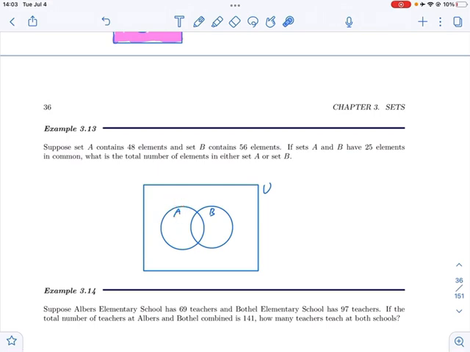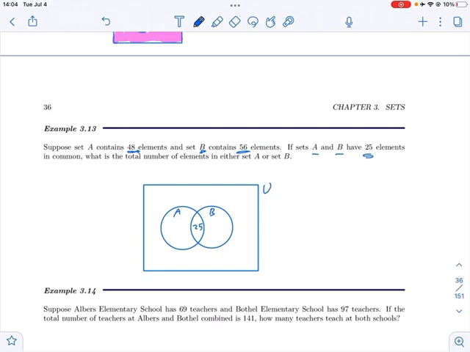That's fine, as long as we distinguish between the sets A and B. Set A contains 48 elements. Set B contains 56 elements. If sets A and B have 25 elements in common, so we have 25 in common here in the middle.